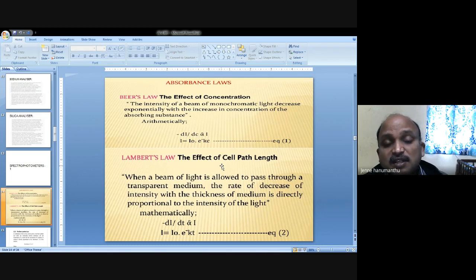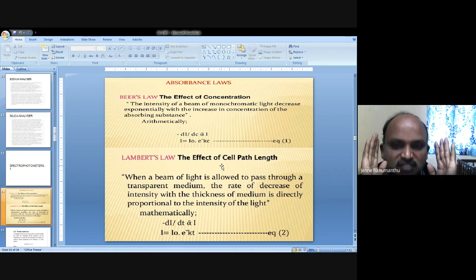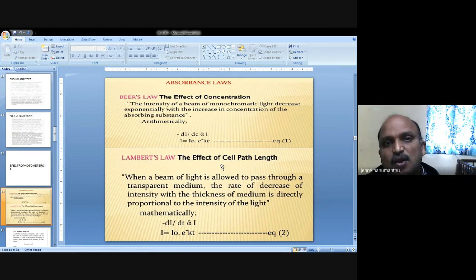So the intensity decreases exponentially with the concentration and the constant of the solution. That is Beer's law. It is very simple to understand. When light falls on the sample, it is absorbed in the sample and some of the light is transmitted.